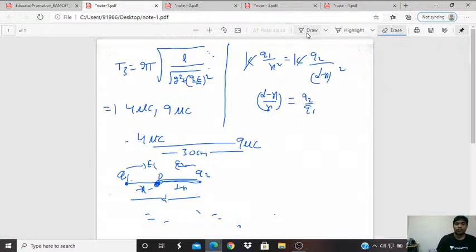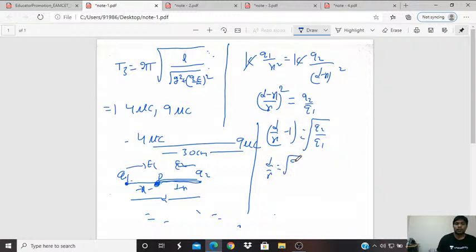Right? So D by X minus 1 whole square equal to Q2 by Q1. So D by X minus 1 equal to what? It will come this side, na? It will be under root of. So D by X equal to root of Q2 by Q1 plus 1.